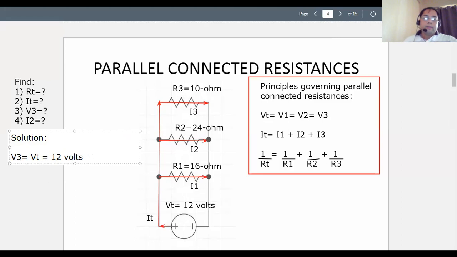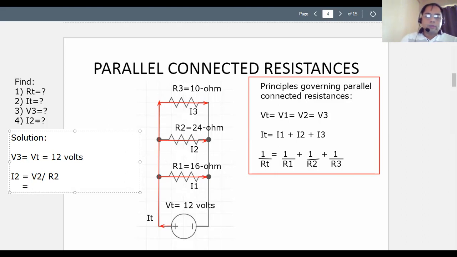Now for question 4, if we will solve for I2, since that's current, if we know voltage 2 and we divide it by resistance 2, then we are able to find I2. Actually, we don't need the total resistance or the total current there.